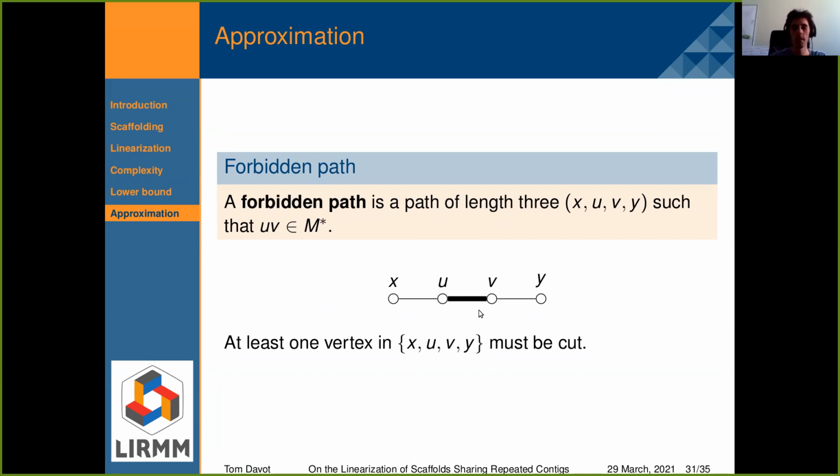And we know that if we cut each of these vertices, at least one of them must be in an optimal solution, because if it is not, then that means that this matching edge is not thin, and so it's not a solution.